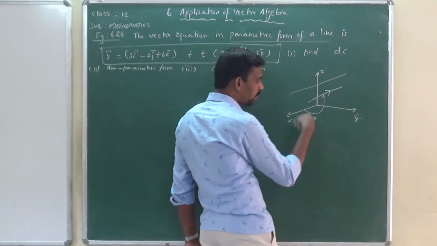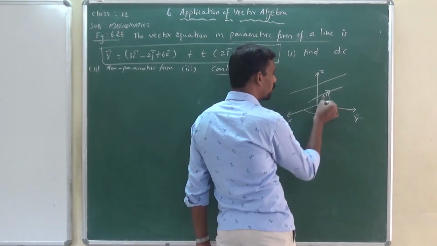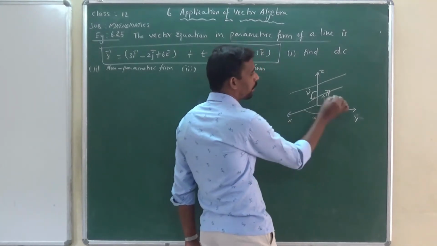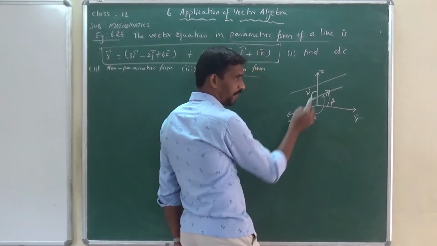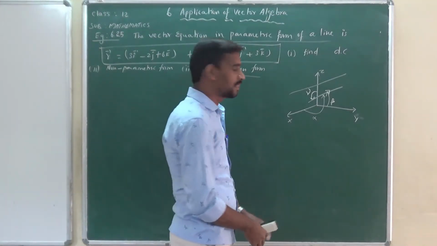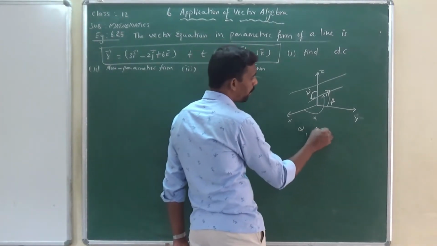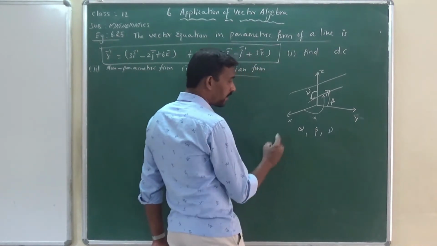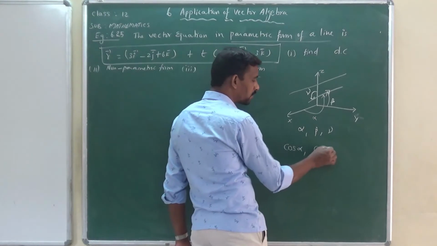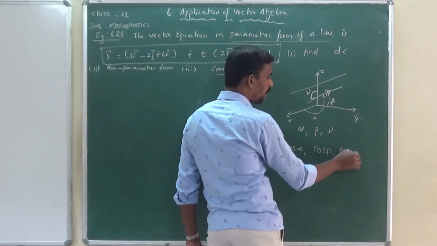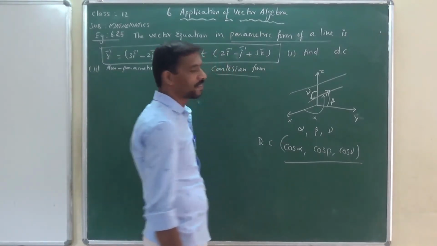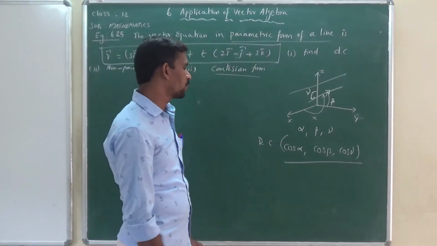And cos beta, and in the same way cos gamma. So the vector makes angles alpha, beta and gamma with the coordinate axes, and the cosine values cos alpha, cos beta, cos gamma are nothing but direction cosines.